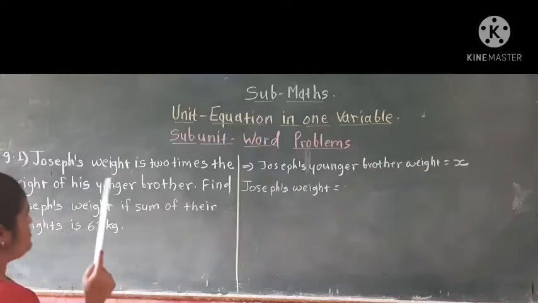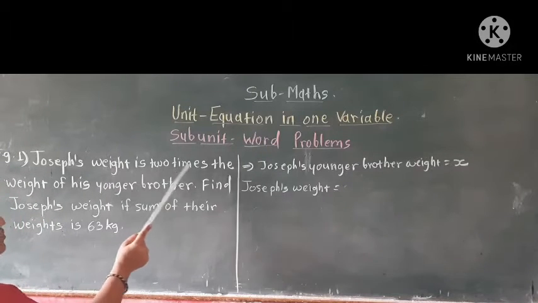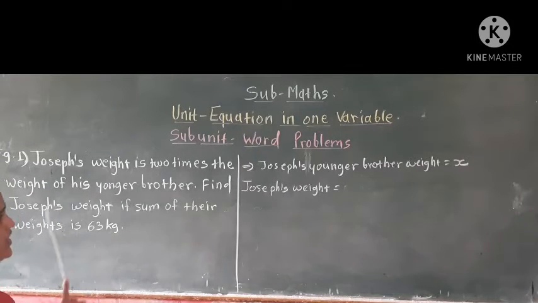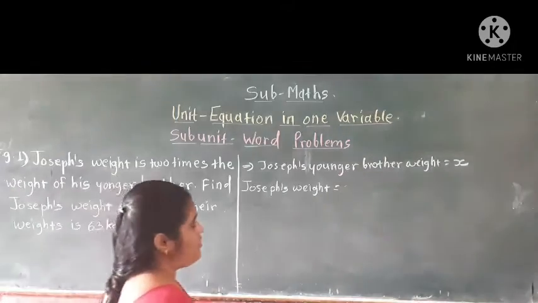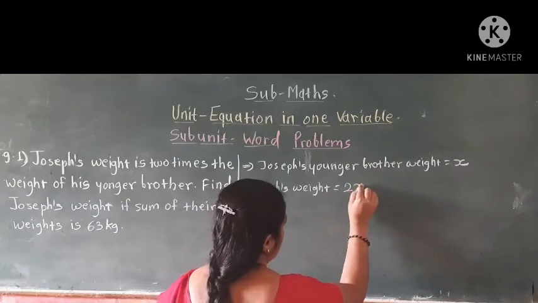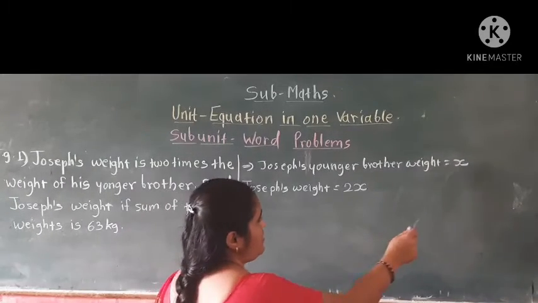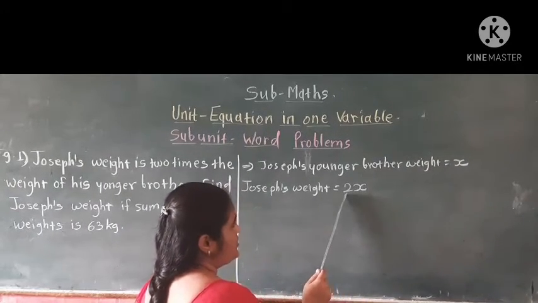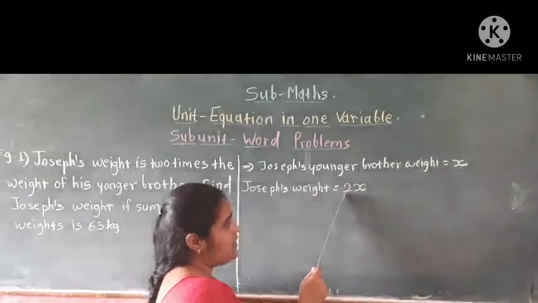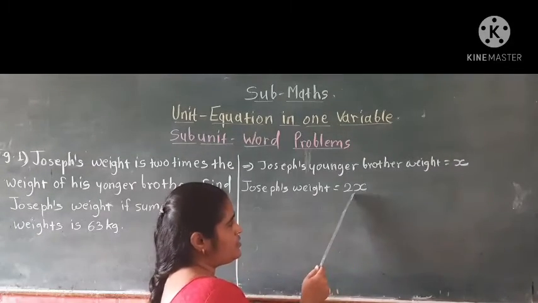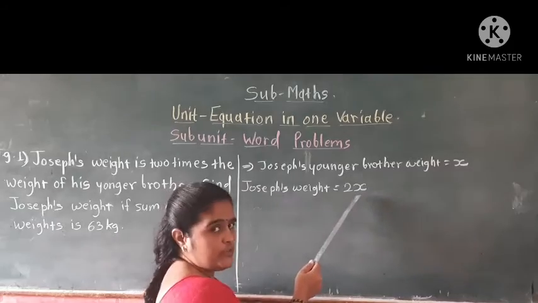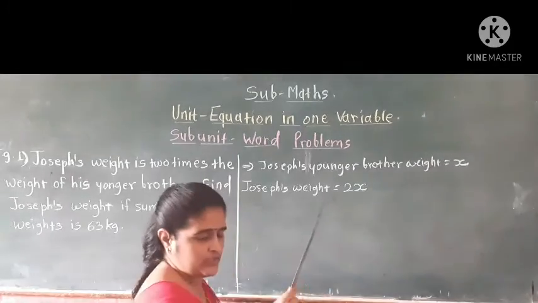Joseph's weight is 2 times the weight of his younger brother. So the weight of Joseph is 2x, because the weight of the younger brother is x and Joseph is 2 times heavier than his younger brother. Therefore, Joseph's weight is 2x.